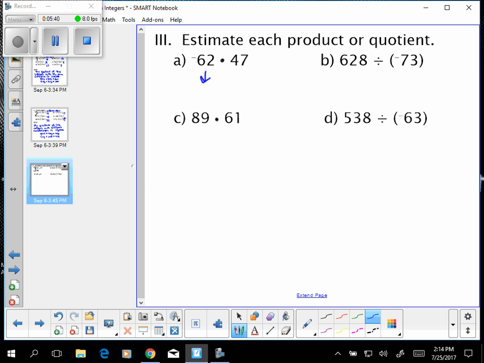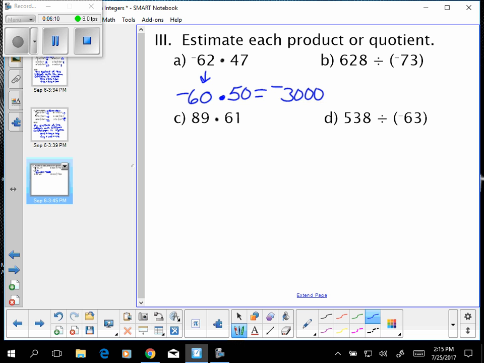Negative 62 is going to be rounded to negative 60, and 47 is going to be rounded to 50. Now, if you recall, negative times positive is a negative because they're unlike or different signs. 5 times 6 is 30, and then I have 2 more zeros, so my answer is 3,000.